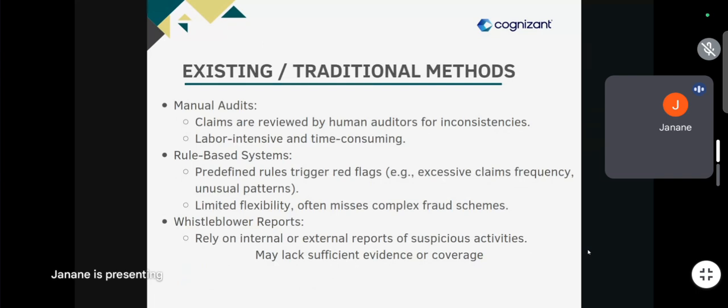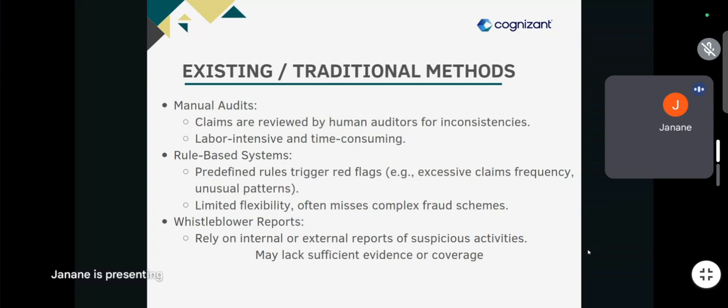Hello, I'm Janani. I'm going to explain the traditional methods which have been used in fraud claim detection. Fraud claim detection has a vital role in this environment. There are some existing methods to evaluate whether an insurance claiming process is a fraud or whether they are claiming it for a purpose.